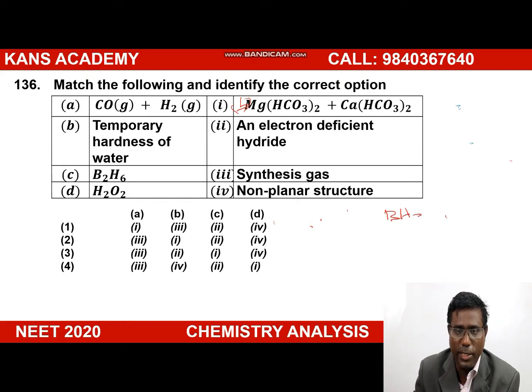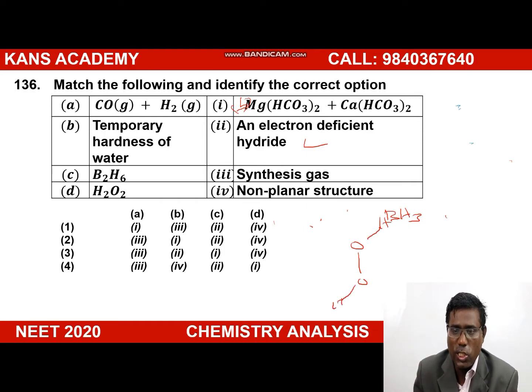And hydrogen peroxide. Hydrogen peroxide is not a planar molecule, it is a non-planar molecule. Oxygen is attached to another oxygen and to a hydrogen, and each oxygen has 2 lone pairs of electrons. So a lone pair of electrons occupies more space than a bond pair.